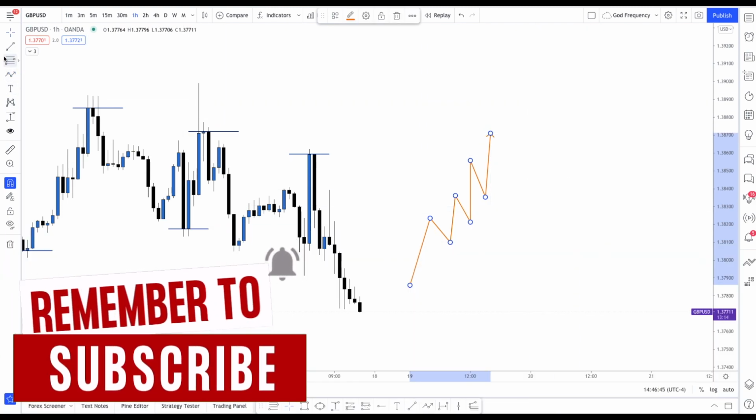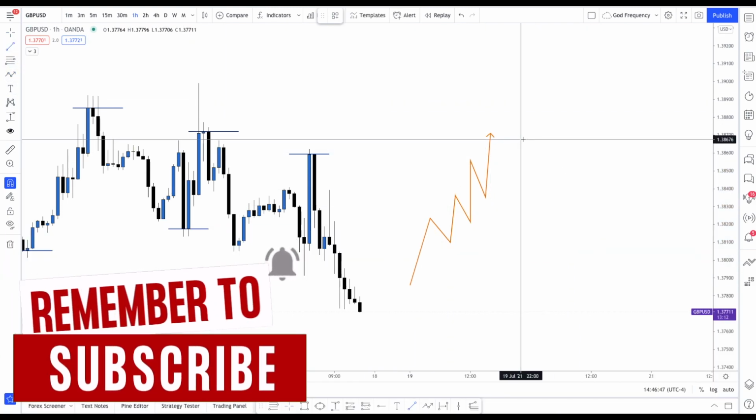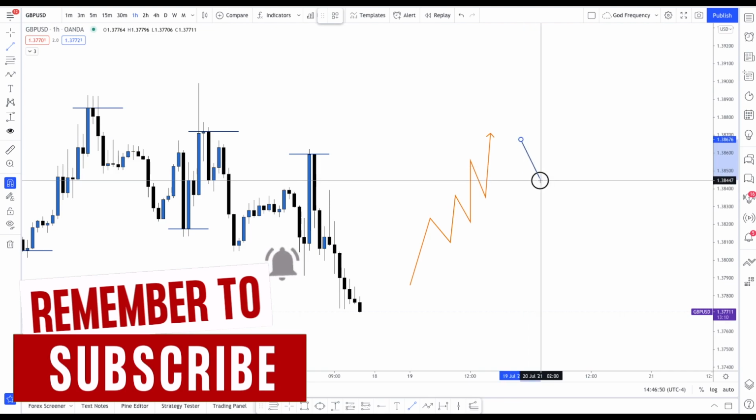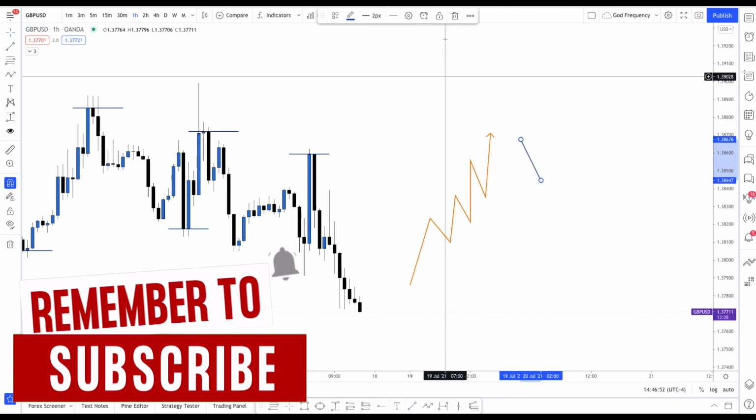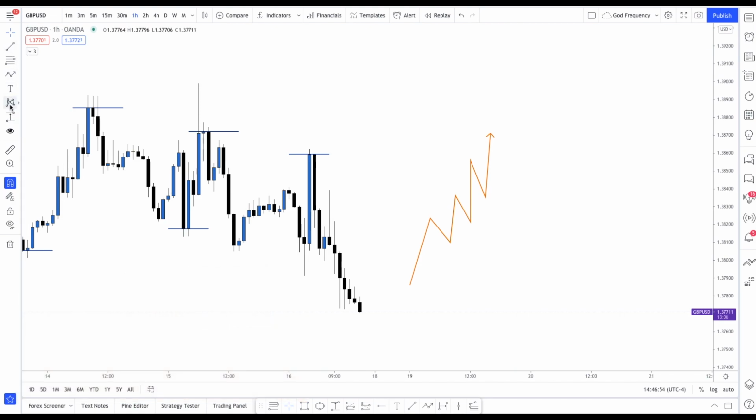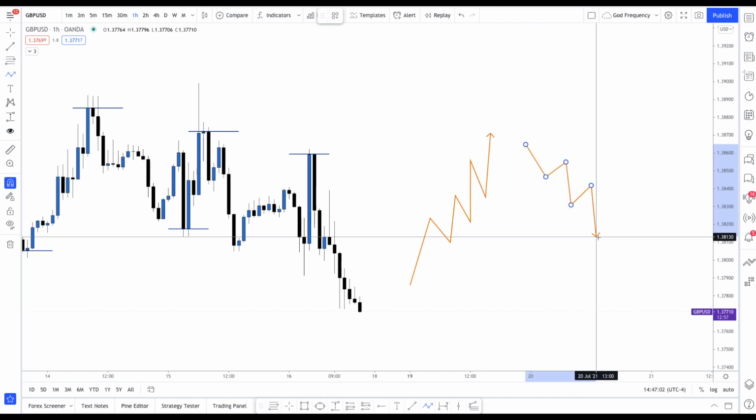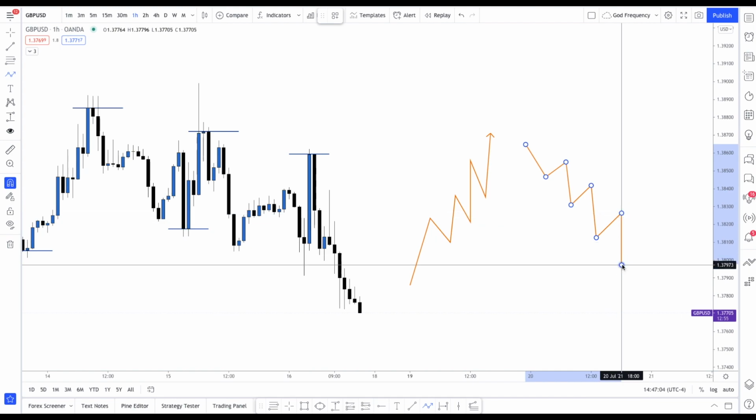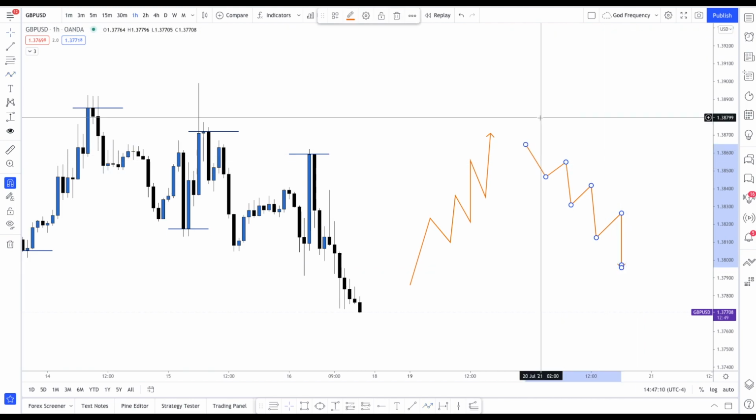Now, if we're trending downwards, it's just reverse, right? Excuse my art, I don't make the best art.